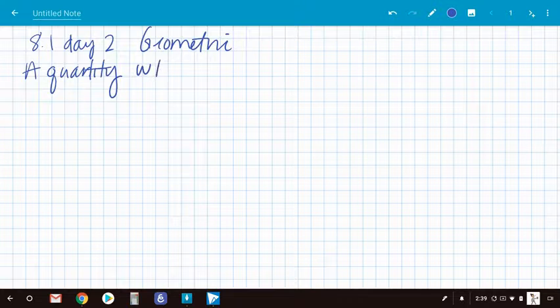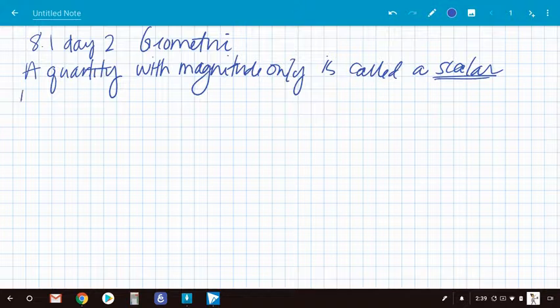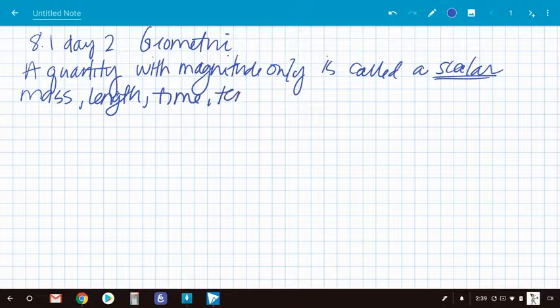With magnitude only, is called a scalar. Okay. And things that are scalars: mass, length, time, temperature.